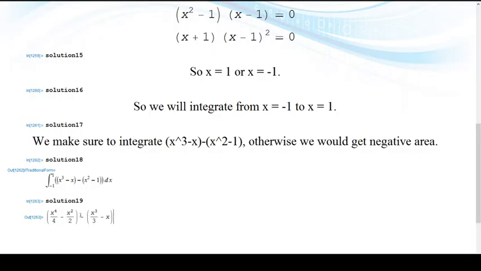After we take the antiderivative, we get this as our antiderivative, where we will plug in 1 and get a value, and we'll plug in negative 1 and get another value, and we'll subtract the second one from the first.